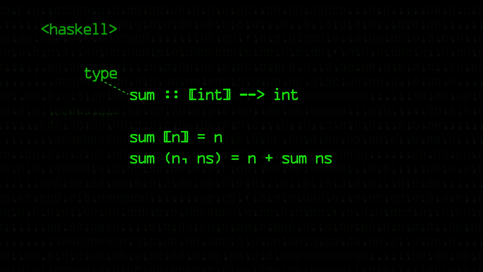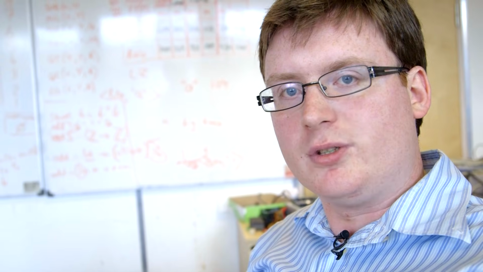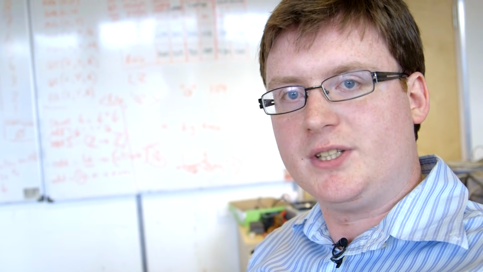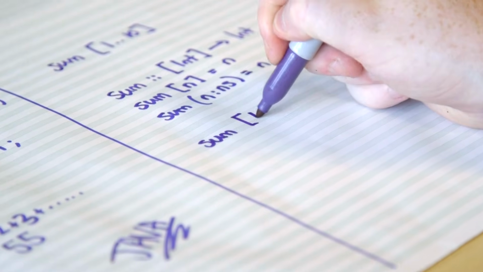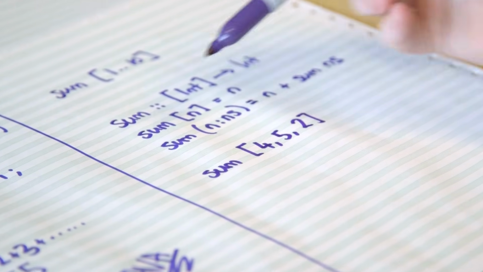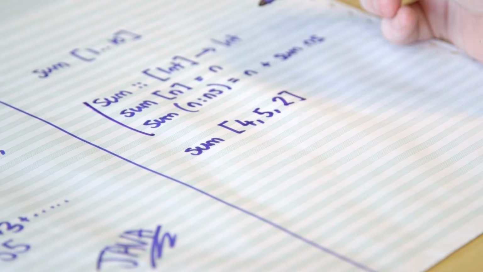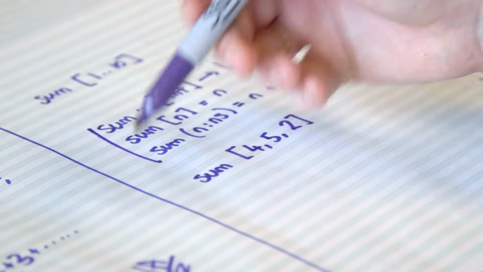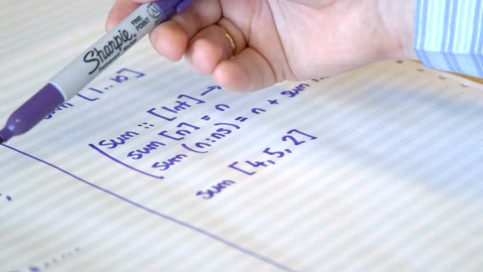So this function sum is defined recursively, that is to say it's defined in terms of itself. For people that aren't familiar with functional programming, I'd like to go through a very quick example of how the sum function works. Sum of 4, 5, 2. We can refer to this function throughout and see how it's equivalent to the Java representation over here.